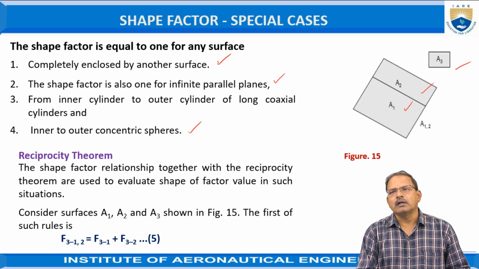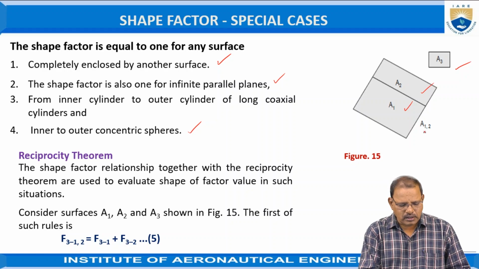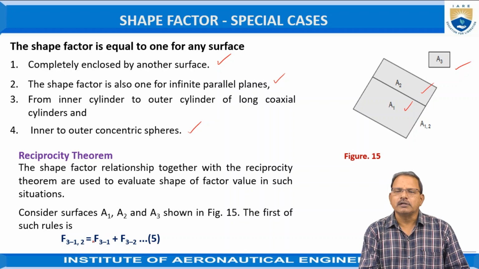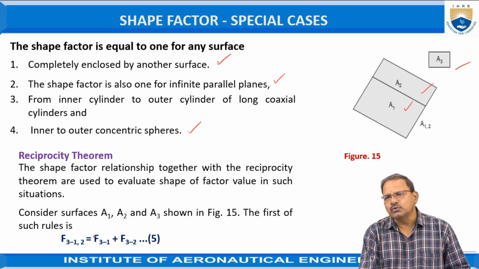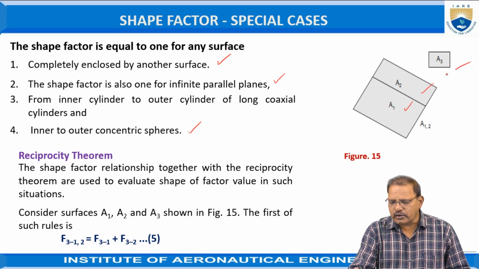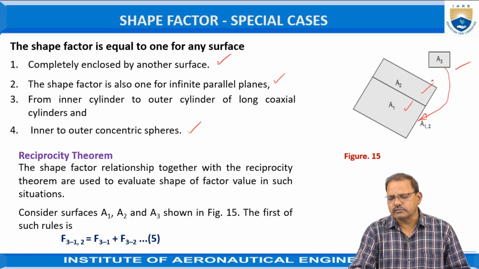F3(1,2), that is the amount of energy that is radiating from 3 to 1 and 2. Here the comma is nothing but treated as radiation of energy from 3 to 2 also. That is, the energy is now flowing from the third object to the first one.